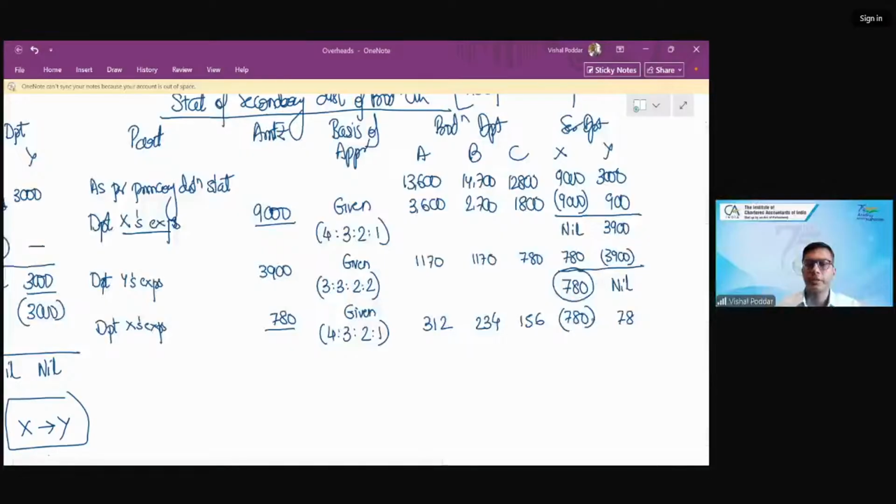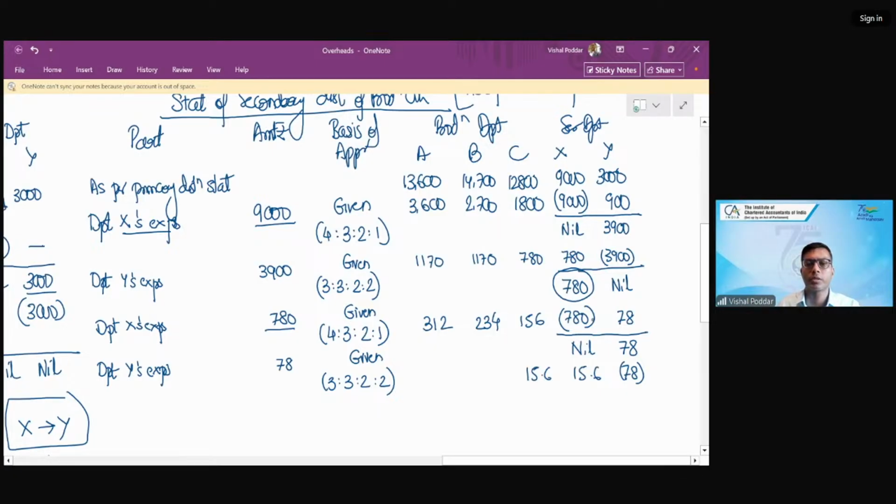Now, students, this is nil, but again, you have something in y. Now, the y is 78. So you have to now divide y again. Again, the ratio is that of y. 3, 3, 2, 2. So 156, 156, 7.8. So 22, 23.